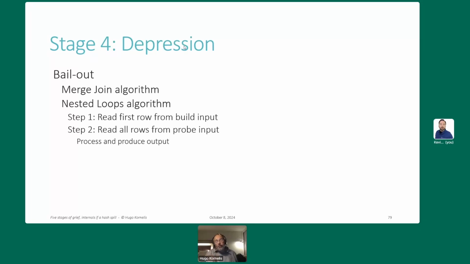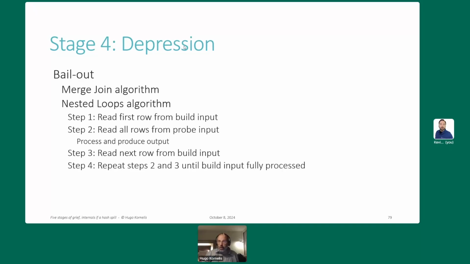But that's only the output for the first build row. After that, we go to the next row from the build input, and we read the entire probe input again. Now remember, this build file was more data than fitted into our memory grant, so it's probably a lot of rows. The probe file is also a large file because it didn't fit in memory.